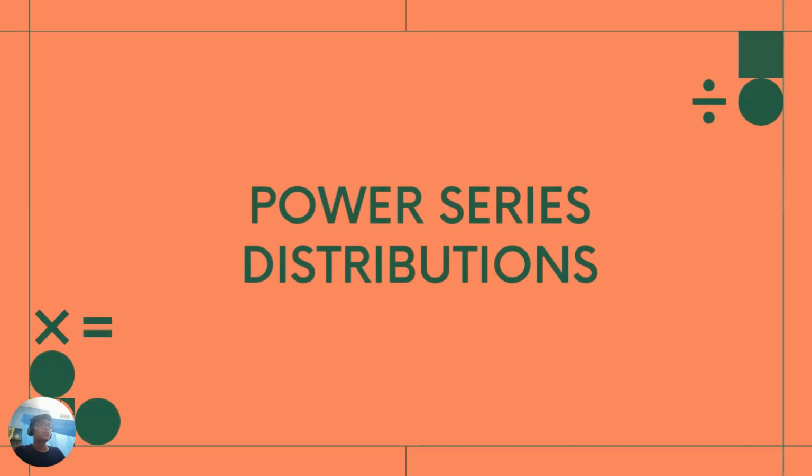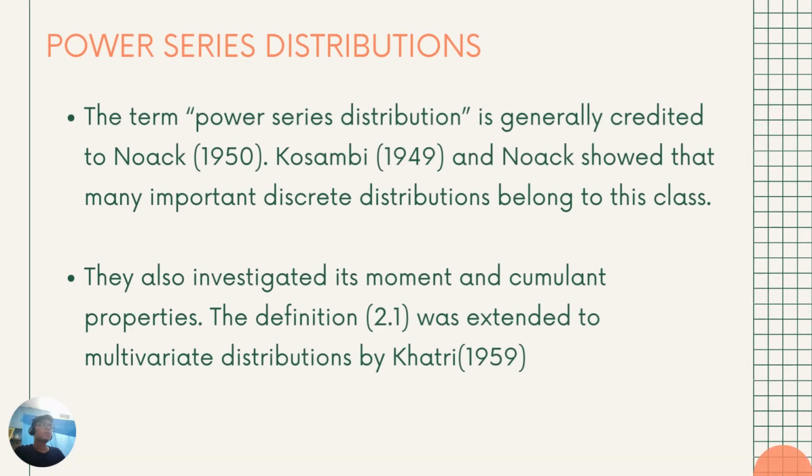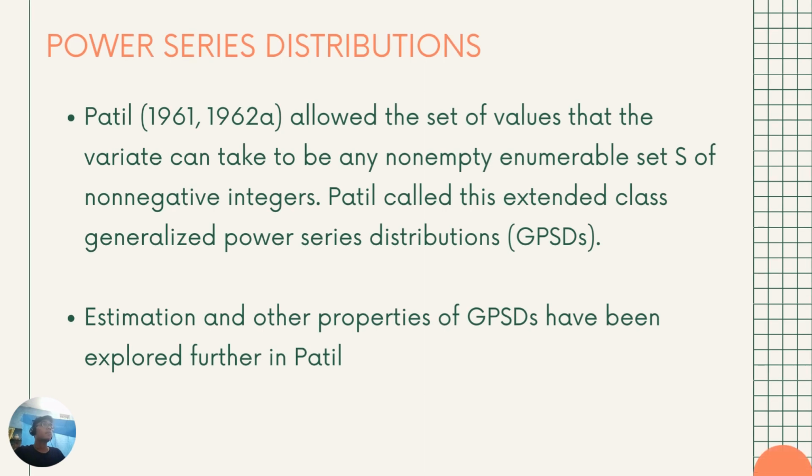Power series distributions. The term power series distributions is generally credited to Noack and Kosambi, who showed that many important discrete distributions belong to this class. They also investigated its moment and cumulant properties. The definition was extended to multivariate distributions by Patil in 1959.